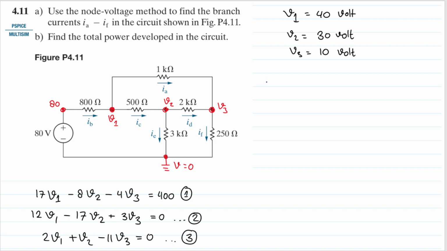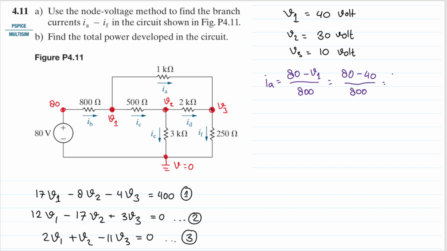Okay, now let's do one by one. IA. IA is 80 minus V1 divided by 800. So we will have 80 minus 40 divided by 800.